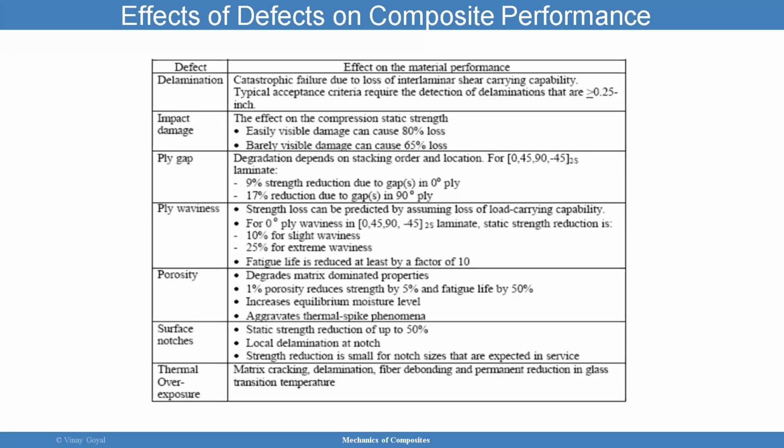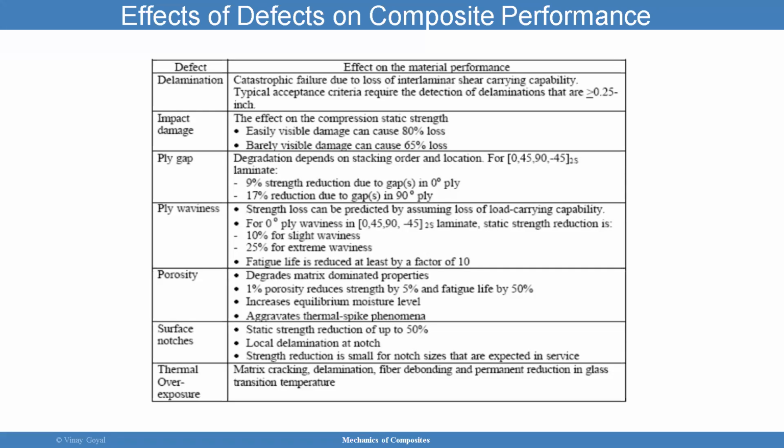But if this defect is less than the threshold that you have established, which I'm calling acceptance criteria, then you can just go ahead and use it as is with no problem. So that's what we're talking about with acceptance criteria.